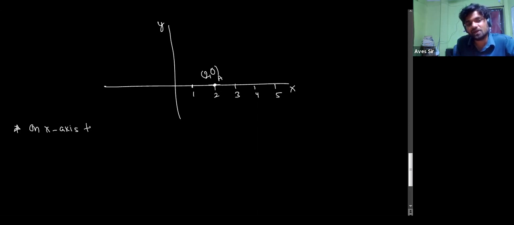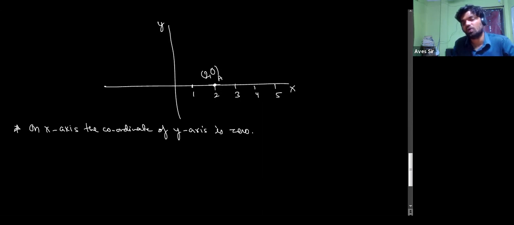There is no displacement upward or downward, so the y value is 0. So we can say (2, 0) is the coordinate of this point. Okay, so we can write a note here: on the x-axis the y coordinate is 0. Got it, dear students?